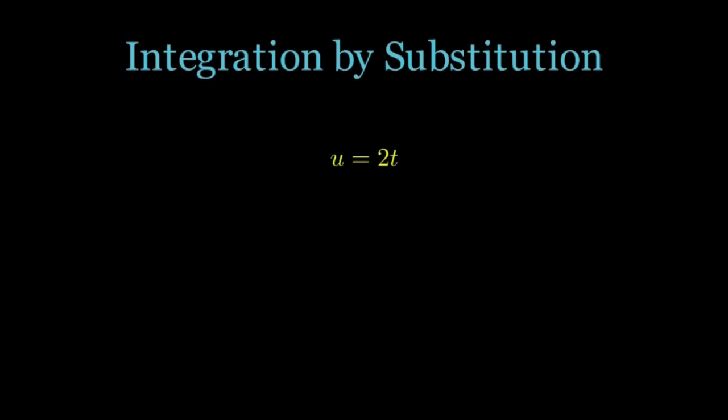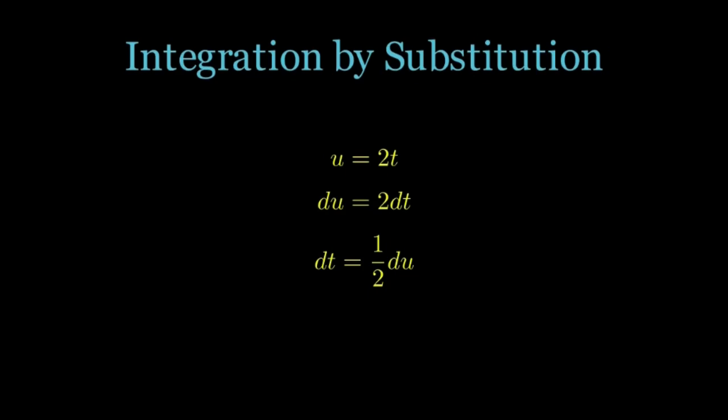The derivative of u equals 2t gives du over dt equals 2t to the power 1 minus 1, multiplied by 1 times 2, and that gives us du equals 2 dt. Next we can make dt the subject of the formula, which gives dt equals half du.